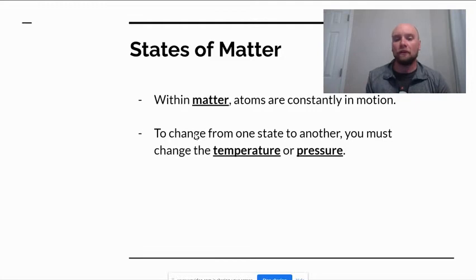If you want to change from one state to another, like a solid to a liquid to a gas, etc., you need to change the temperature of that object, or you need to change the pressure that it is under. So those are the 2 major things that will cause matter to change from one state to another.